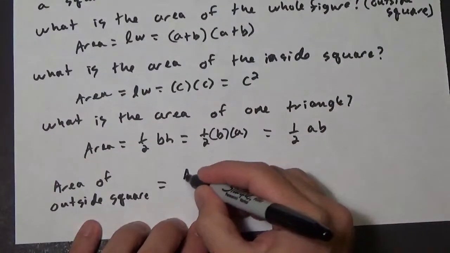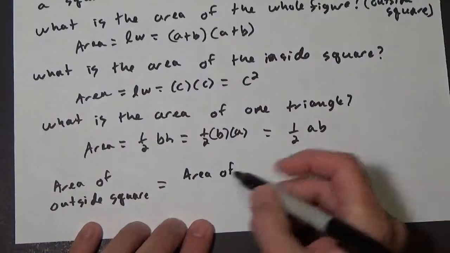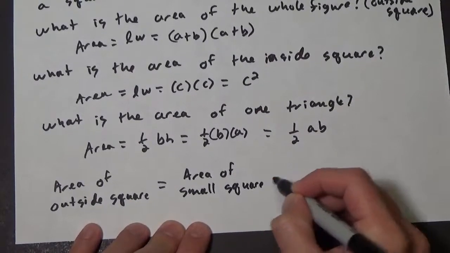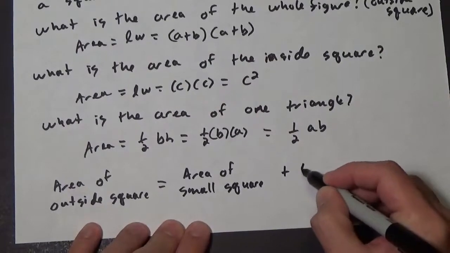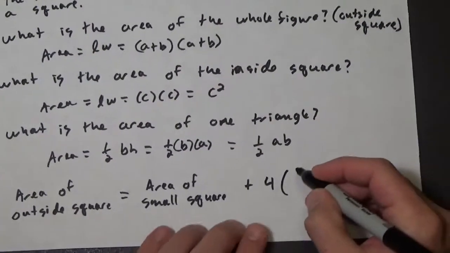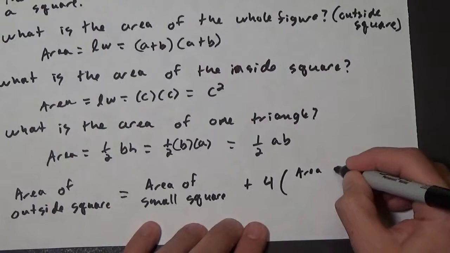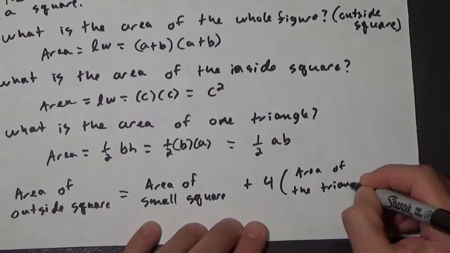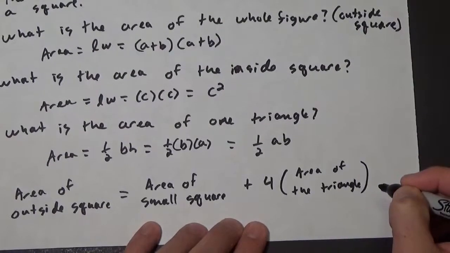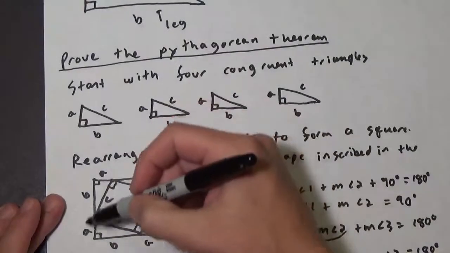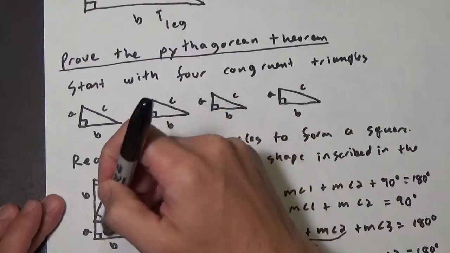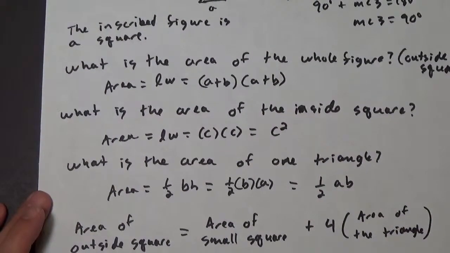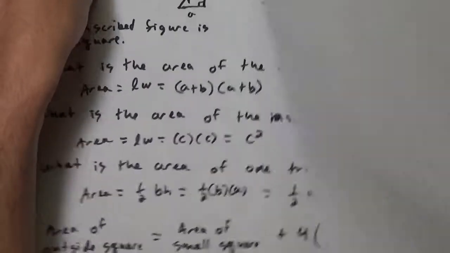So what is the area of the small square plus 4 of the areas of triangles? Does that make sense? The area of the whole thing has to equal the area of the square plus 4 of these triangles. Okay, so I need to go to another sheet of paper here.